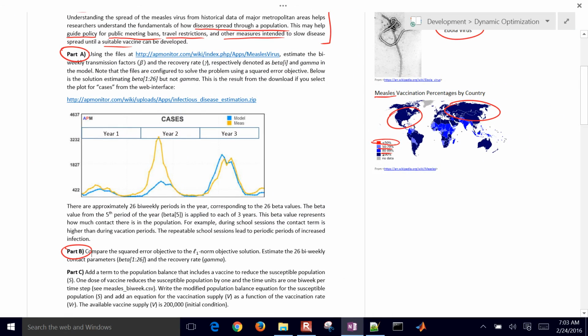But then we're going to take it one step further, and let's say for this population we had 200,000 vaccines, and we have a 3-year period over which we can apply those 200,000 vaccines. We want to determine with dynamic optimization the best way to distribute those vaccines.